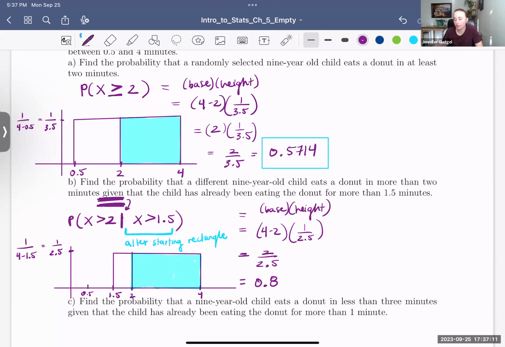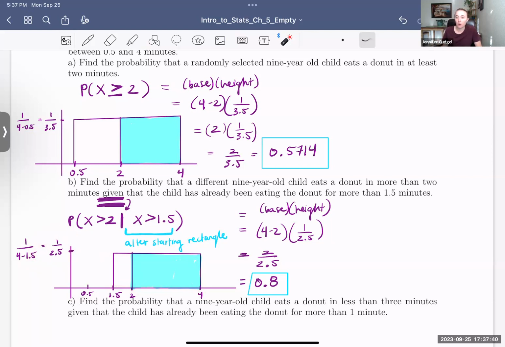With this given piece of information, we were able to narrow down our scope of possibilities, and it increased the overall probability of that event occurring. So for normal probabilities, we start with our whole rectangle. Only when we're given an extra piece do we alter our starting rectangle, and that will change the height of the starting rectangle as well.